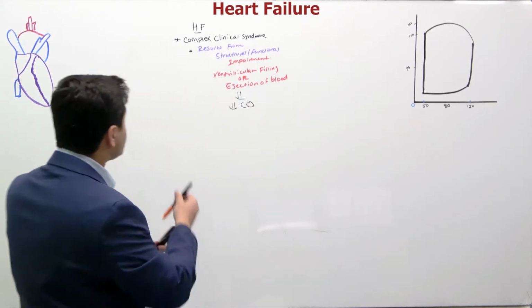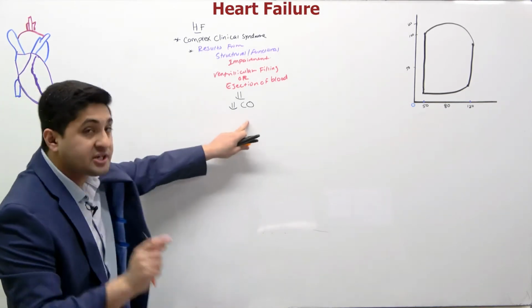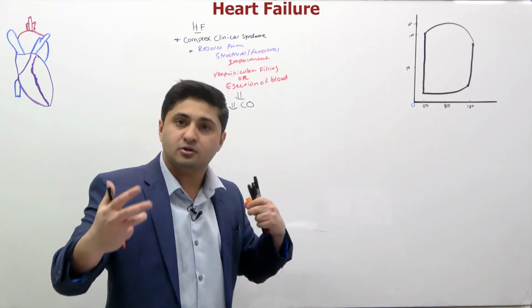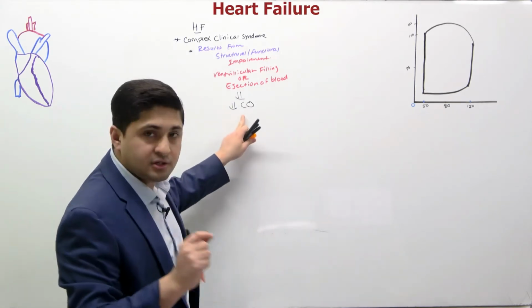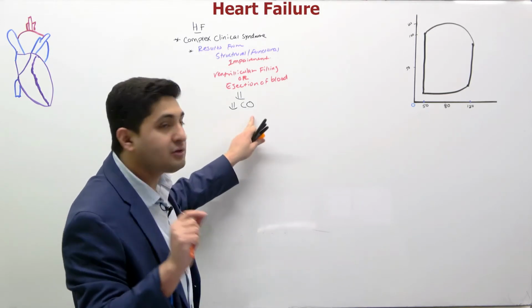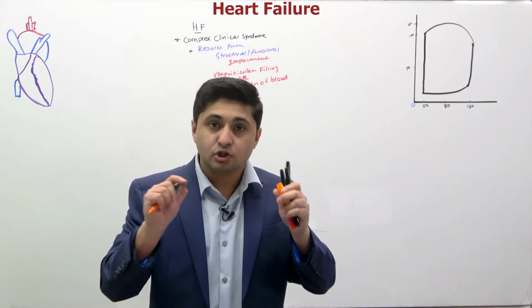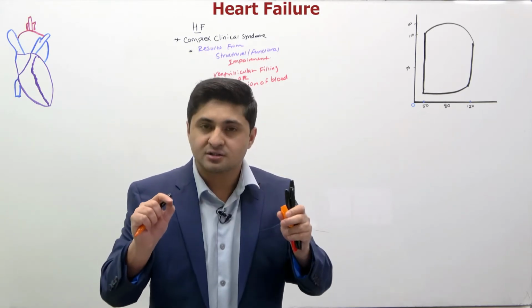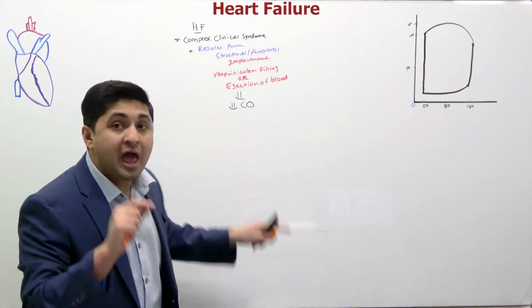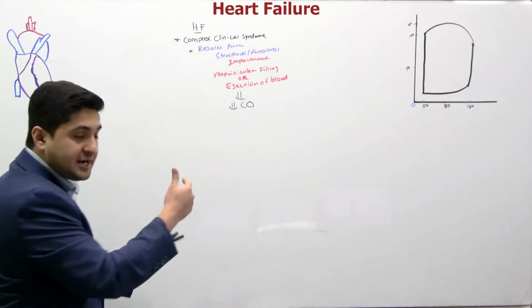Specifically when you're doing clinical rotations or on hospital floors, generally people who have heart failure have low cardiac output failure. But there is a rare condition that can result in something called high cardiac output failure. I'm going to put that right here.